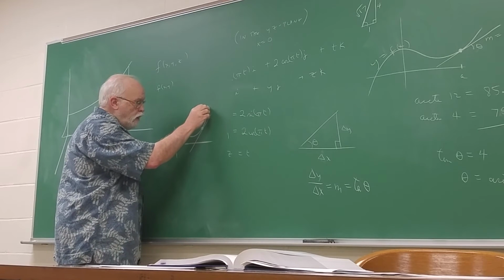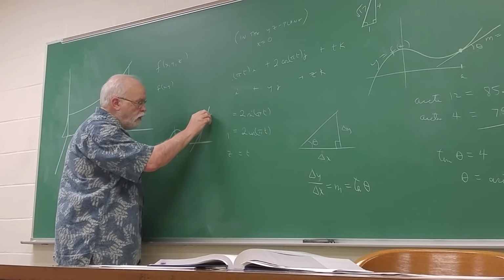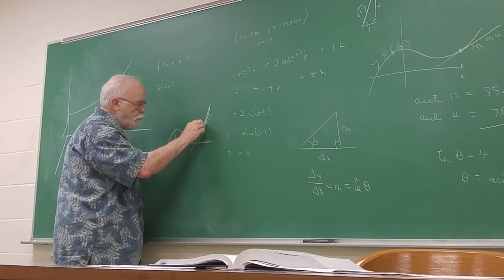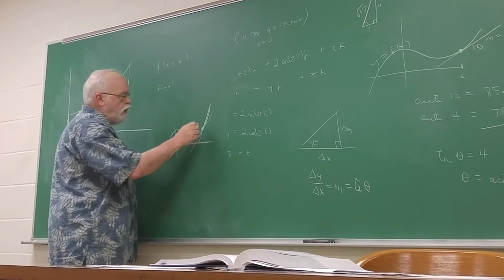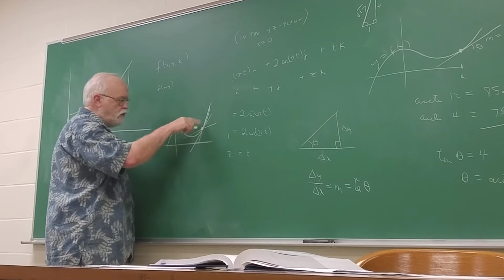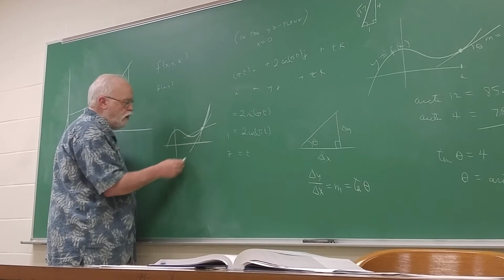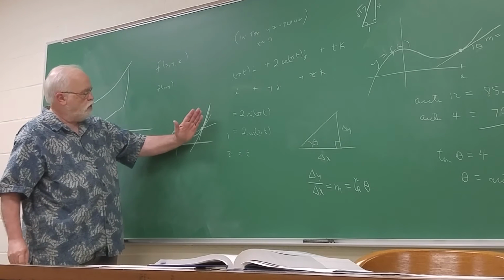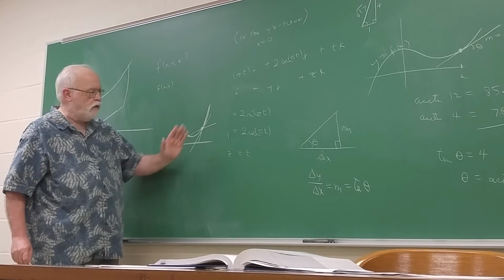I'll draw a chord, a secant line as it's called. Or I could draw the secant line over here, which, considering how steep that was, might have been better. But anyway, the true tangent line is trapped in between this one and that one.